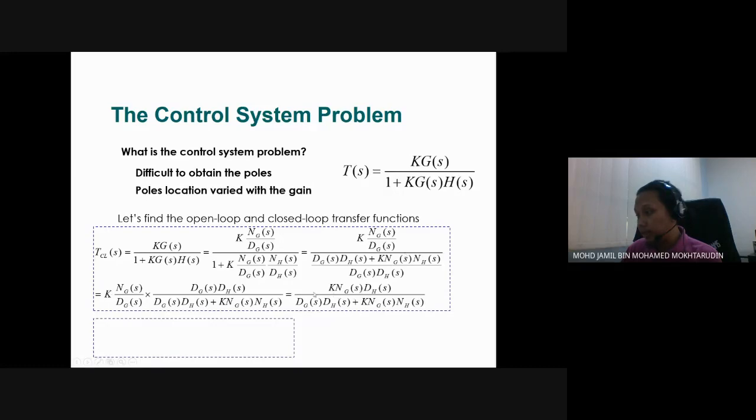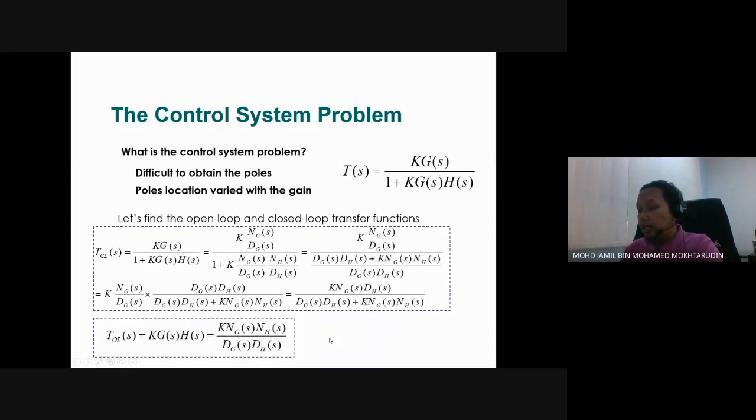When you expand and simplify, you will see that the denominator depends on K, the gain K. You want to determine the system stability by finding the poles, and poles can be determined by finding the roots of the denominator. Now the denominator depends on K.